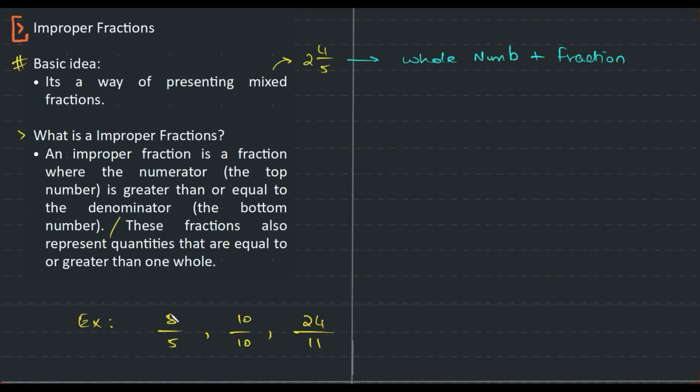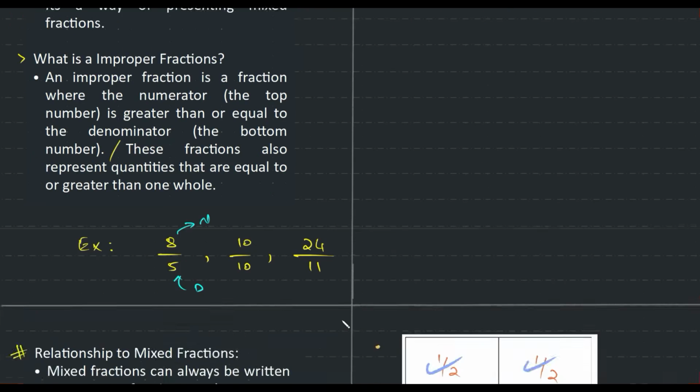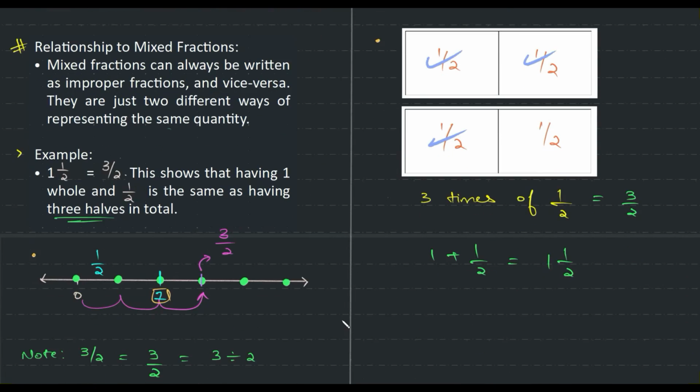But here the numerator, this is your numerator, will be greater than your denominator, or if not, equal to the denominator. Right? So we are able to see the relationship between them. A mixed fraction is like counting the unit fraction parts starting from 0 to that point.